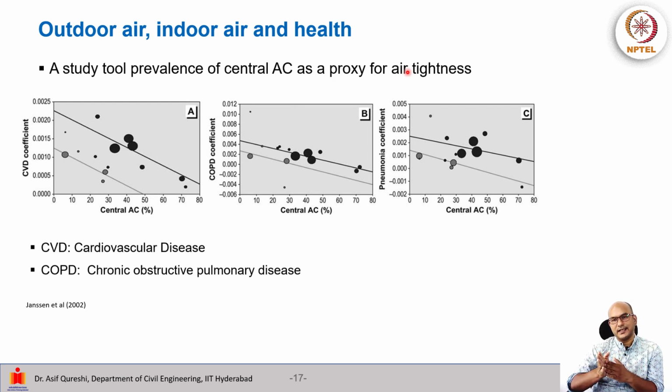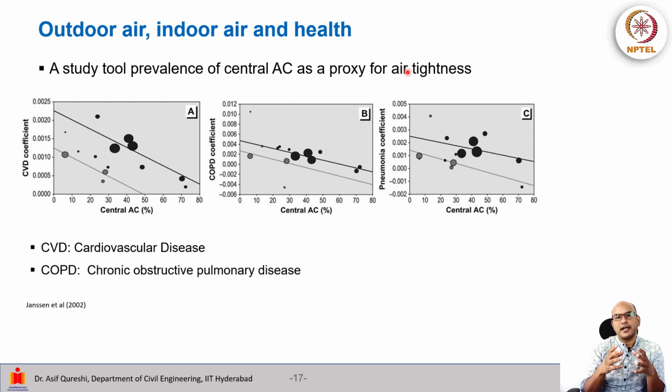So more the central AC, the more airtight the building and the less infiltration that will occur in that building, right? So more central AC means people will make sure that the building is more airtight, because otherwise the AC will not be effective.